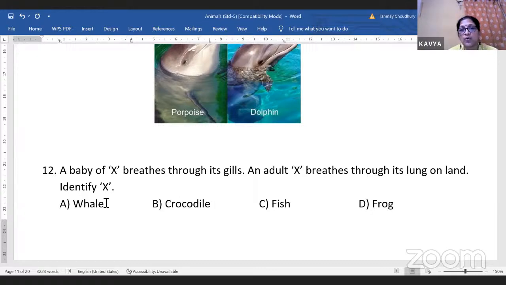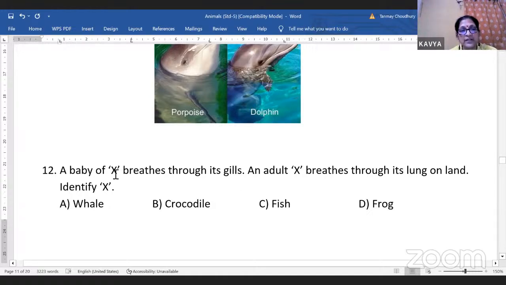They've got a blowhole. They've got nostrils through which air goes in, and when it comes out, carbon dioxide is given out, and along with it, a spout of water. So it cannot be whale. Crocodiles also have got lungs. They don't have gills. Fish has got gills, but the adult also has got gills.